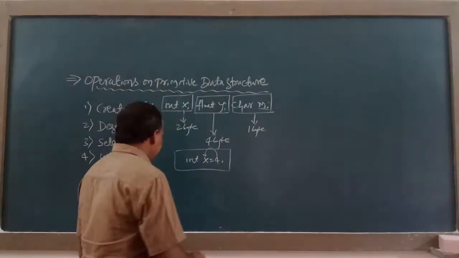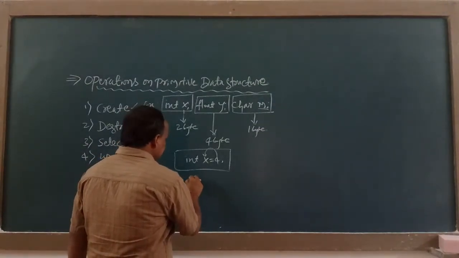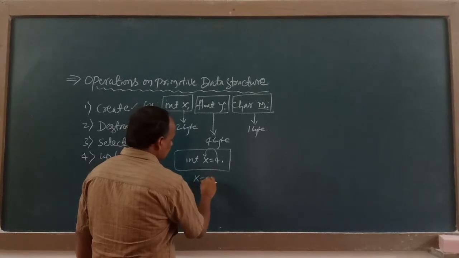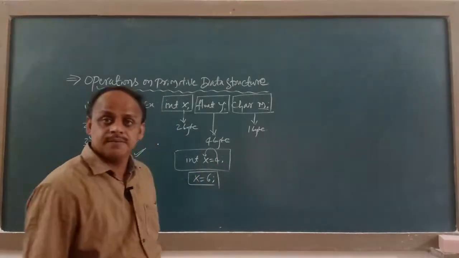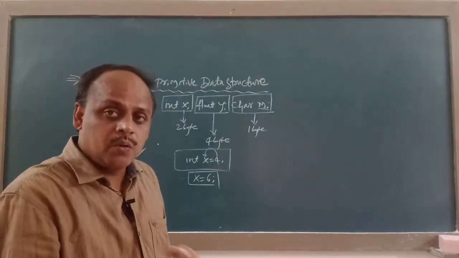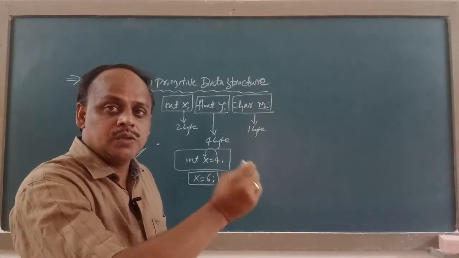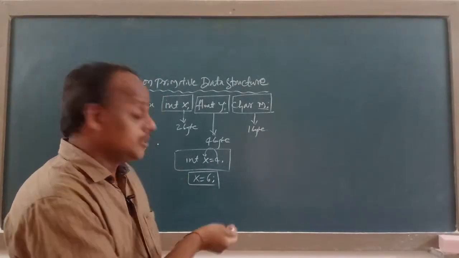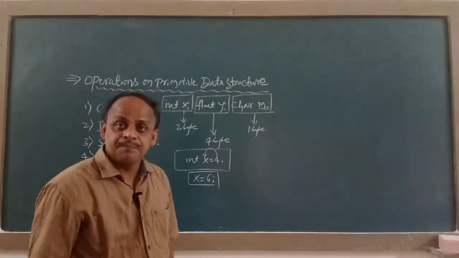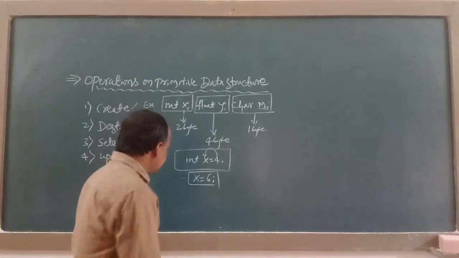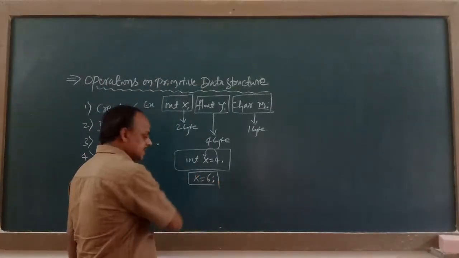Suppose consider another statement, x is equal to 6. It means initially the value of x is 4. Now I wrote x is equal to 6, and the data type is the same, right? Once I declared int, x is equal to 6 means at present I am assigning the value of 6 to x.